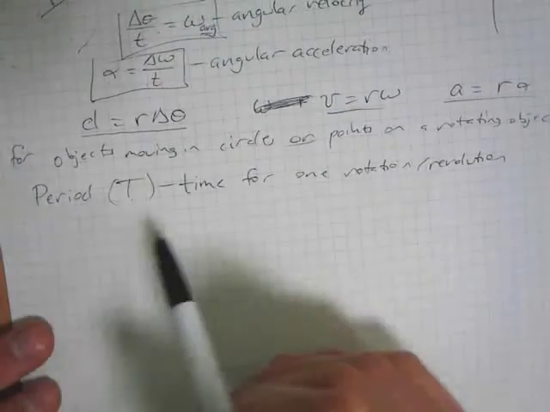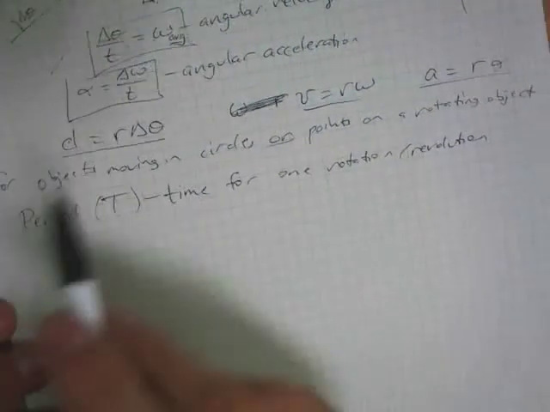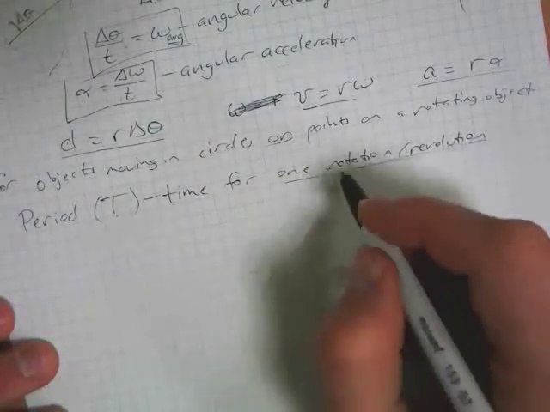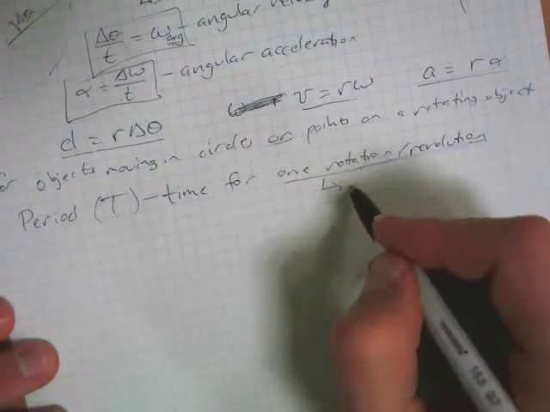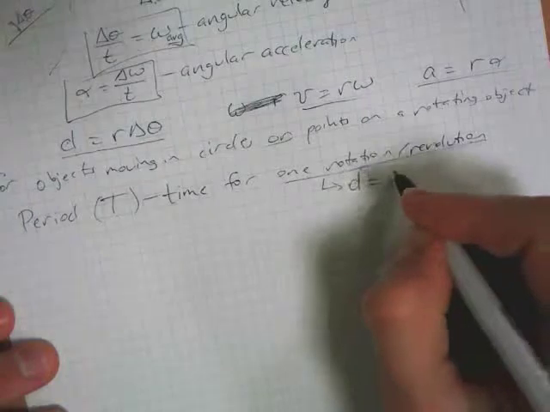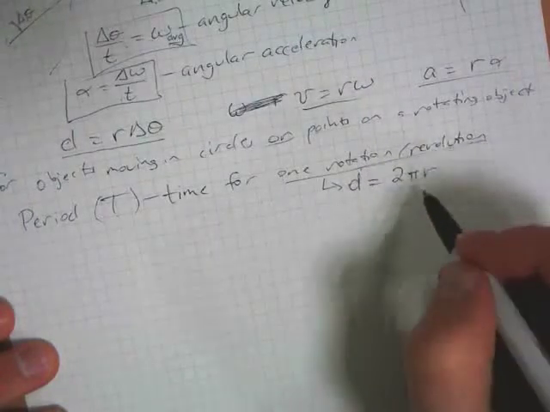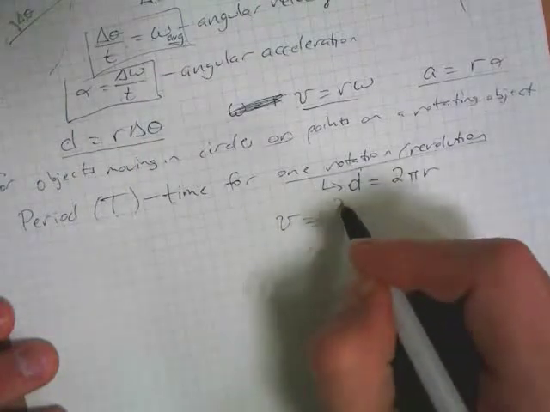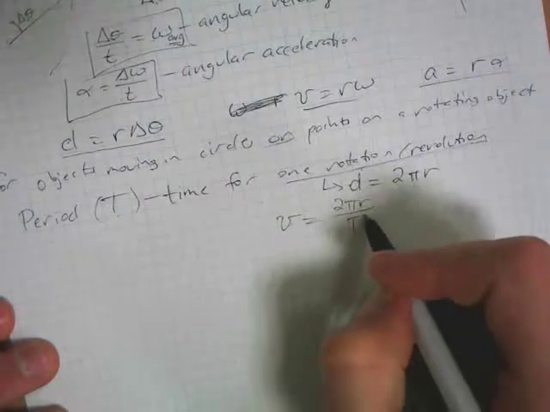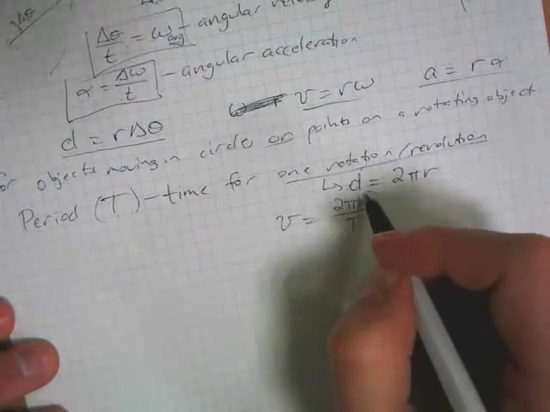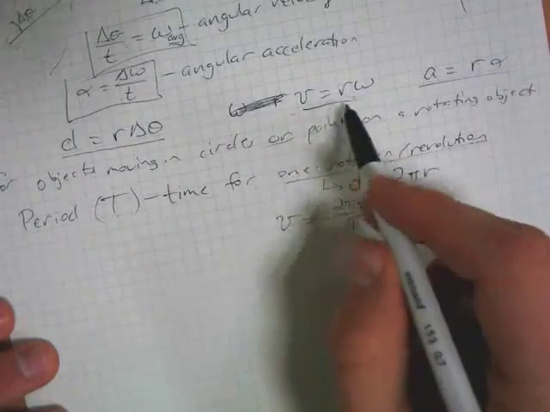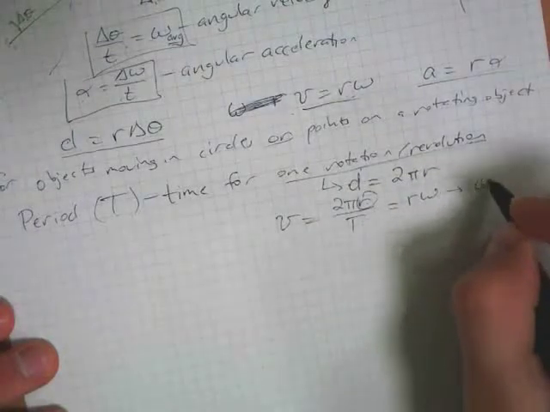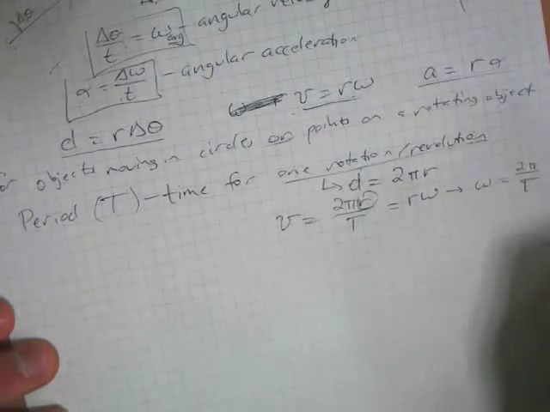And if that's the time for one rotation or revolution, well, in one rotation or revolution, the distance traveled by a point is going to be 2 pi r, because that's the circumference of a circle, which means that our velocity is 2 pi r over T. By comparison to our v equals r omega, if this is equal to r omega, that means that omega is 2 pi over T, which could be useful.